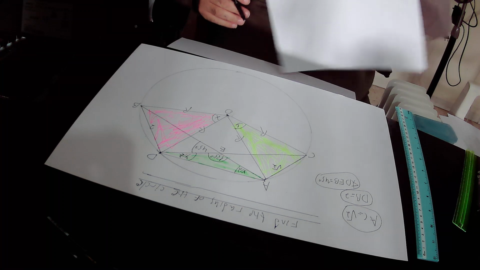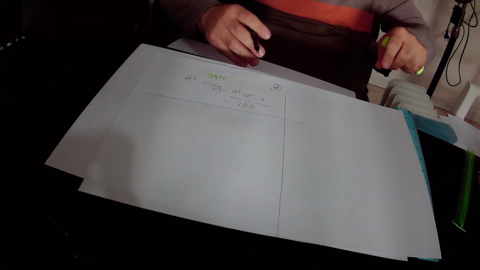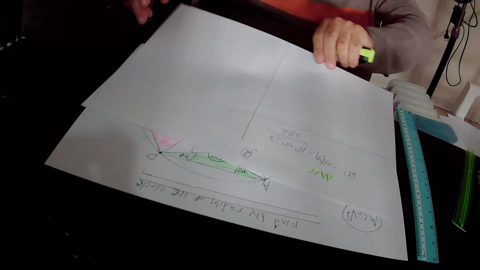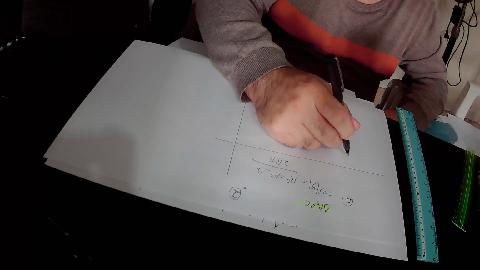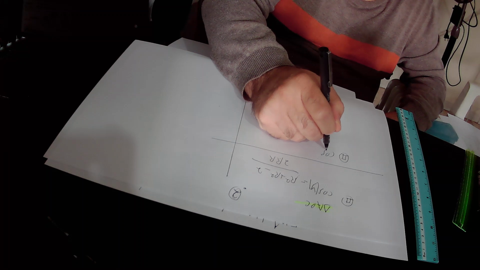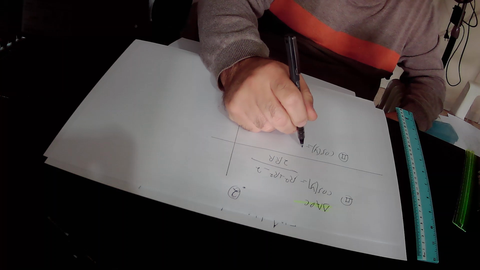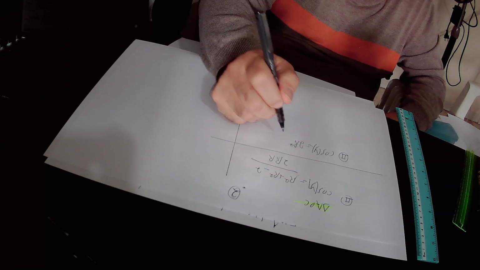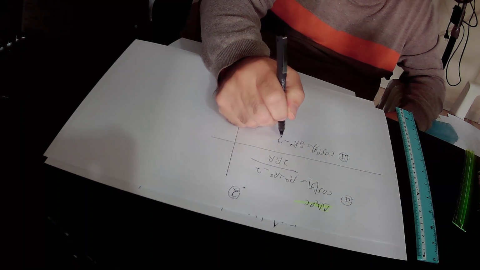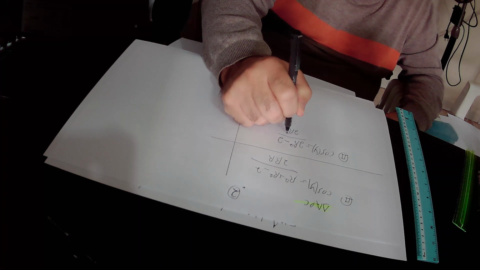So according to equation number 2, we found out that cosine y equals r squared plus r squared minus 2 over 2 times r times r, which is r squared plus r squared is 2r squared, minus 2 over 2r squared.